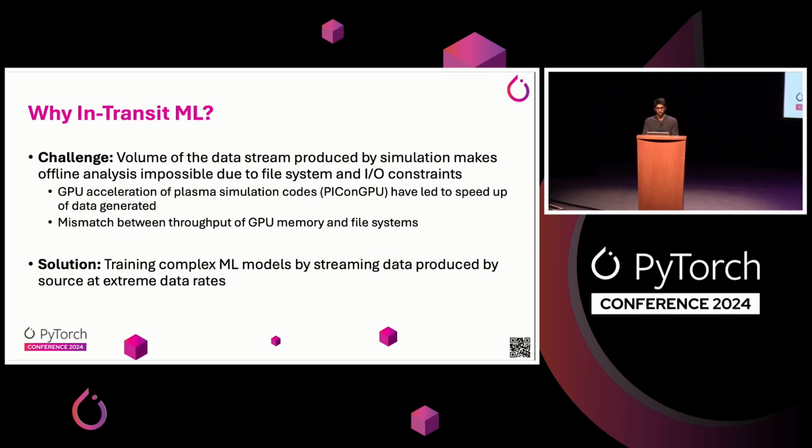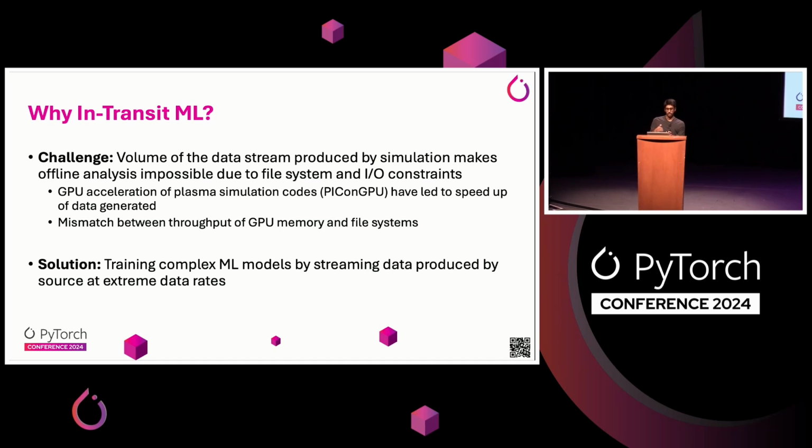The challenge is that as GPU acceleration of plasma simulation codes, such as PIConGPU, advanced and led to a speedup of the data generated, the volume of the data stream produced by the simulation made offline analysis of such simulations impossible due to file system and I/O constraints.